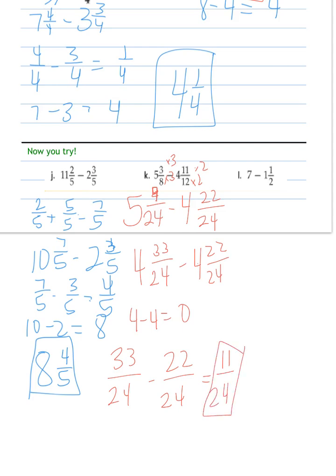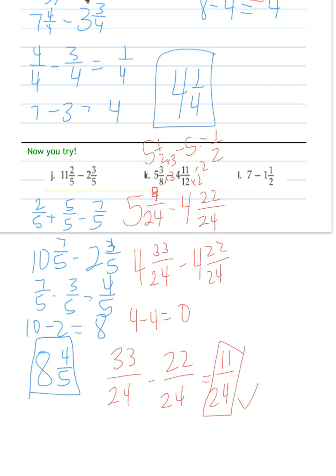Okay? And if we were to do our estimating for this one, 5 3/8 is close to 5 1/2. 4 and 11 12ths is close to 5, so minus 5, which is 1/2, and 11 24ths is close to half. So that answer does make sense.